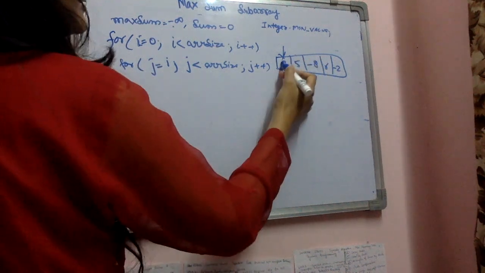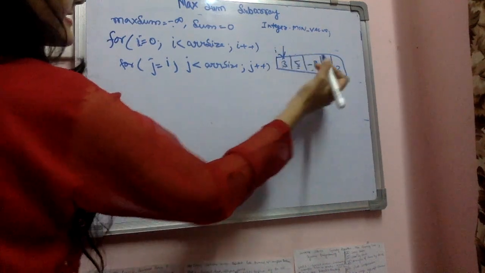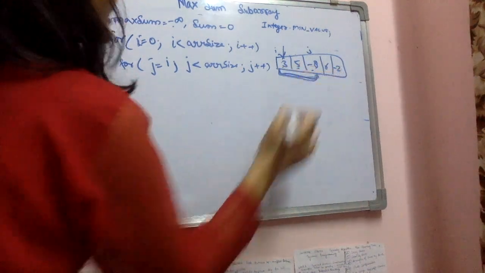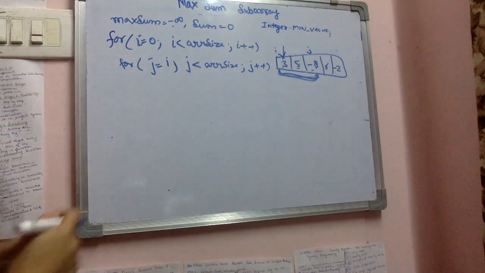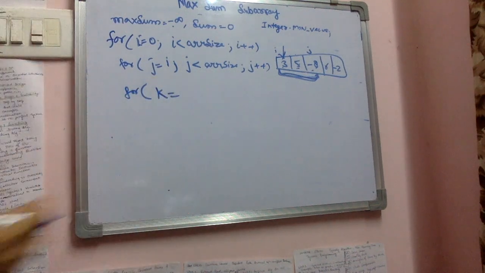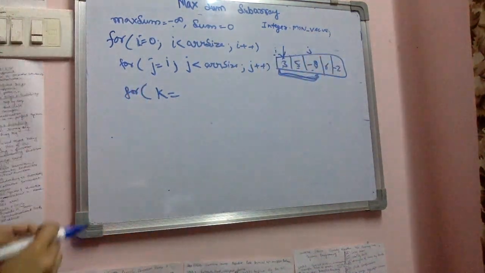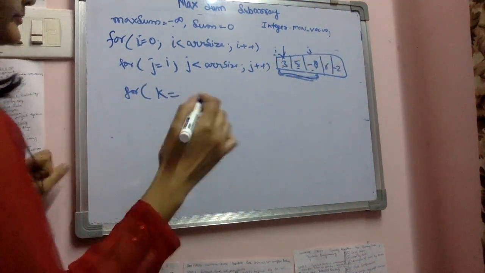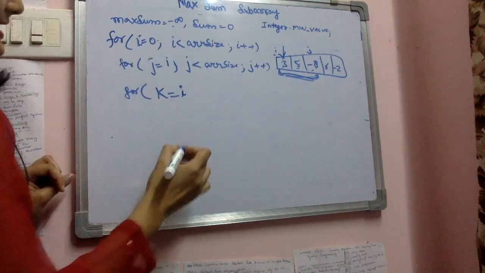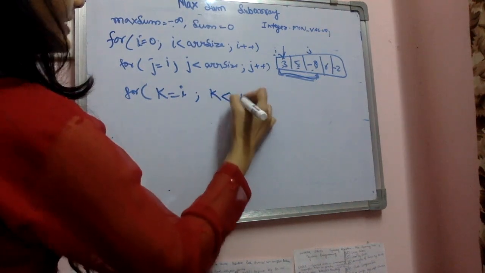If it selects this, then this is our subarray. If it selects this, then this is our subarray. So if i selects this and j selects this, this is the subarray selected for now. And now there will be one more loop which is going to sum all the elements between i and j, in our selected subarray. So k will start from i because this is our starting element, and it will go till j.